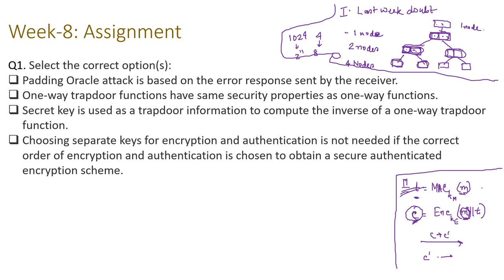Your encryption scheme was said to be CPA secure, it was not CCA secure, right? So a CPA secure encryption scheme can lead to malleable ciphertext. What do we mean by malleable ciphertext? Such that C can be changed to C dash in such a way that it is indeed a valid ciphertext for some message.